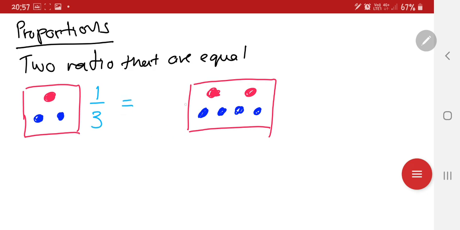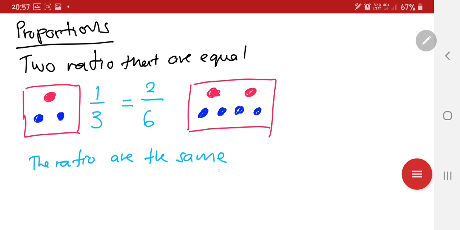Now let's say this one, the red one, is 2 out of 6. So 1 out of 3 and 2 out of 6 are equal. The ratios are the same.